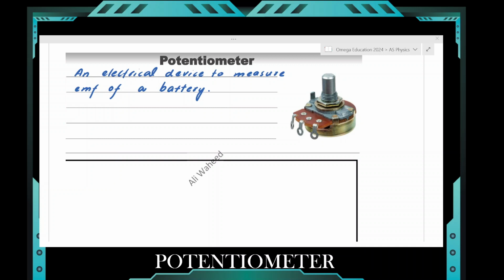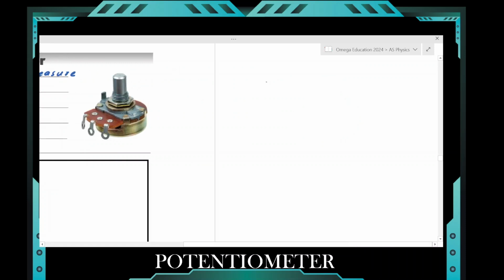Now you might be wondering, why can't we simply measure the EMF of a battery using a voltmeter? So let me draw a voltmeter over here, and let me draw a battery. For example, this is a battery, but we have studied that a battery has internal resistance as well.